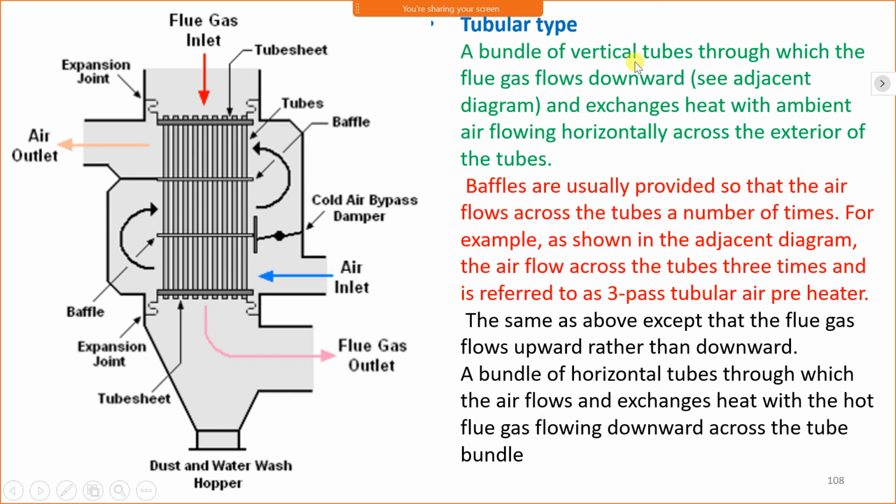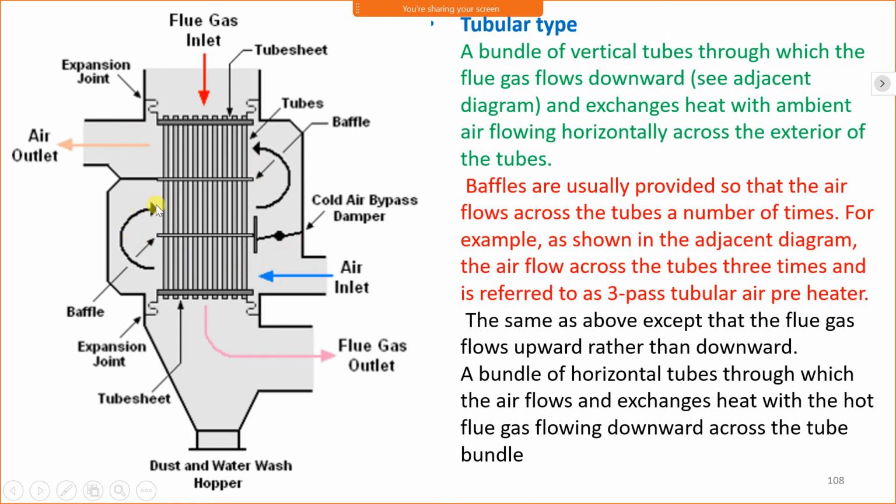This is called a 3 pass tubular type air preheater. These are bundles of vertical tubes through which the flue gases flow downward, and the flue gases exchange heat with the ambient air flowing horizontally across the exterior of the vertical tube bundle.